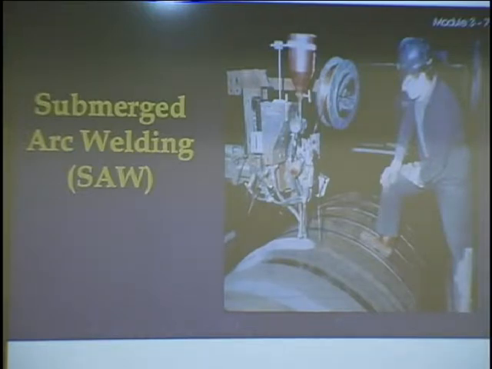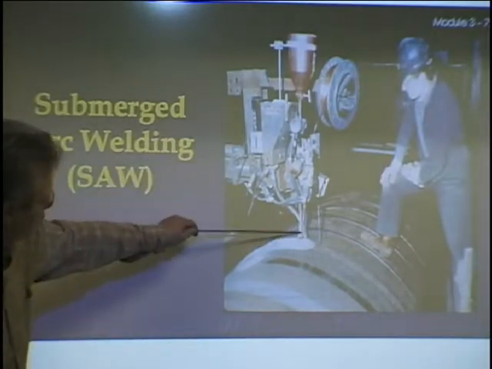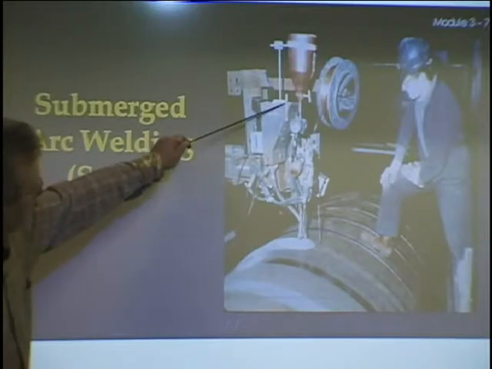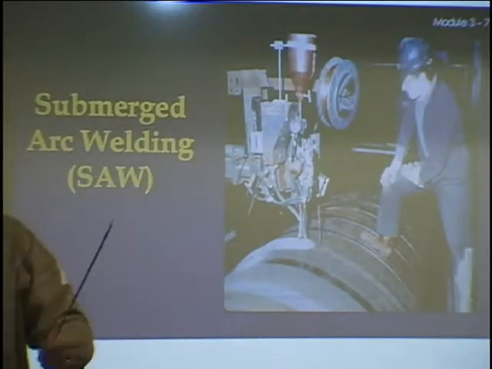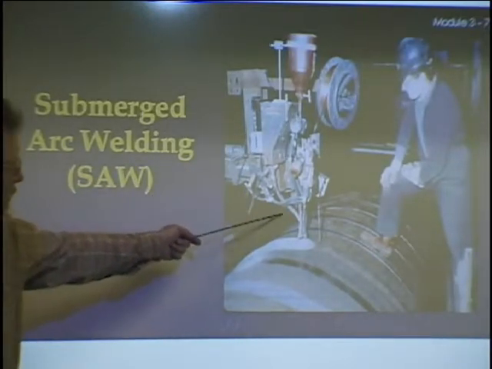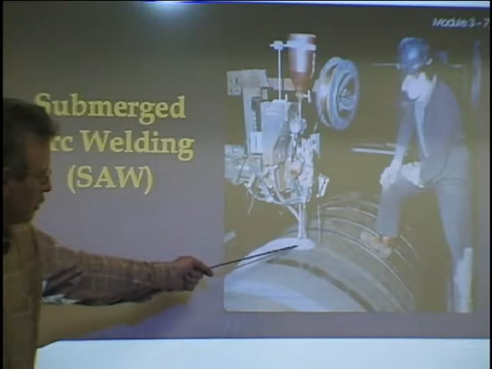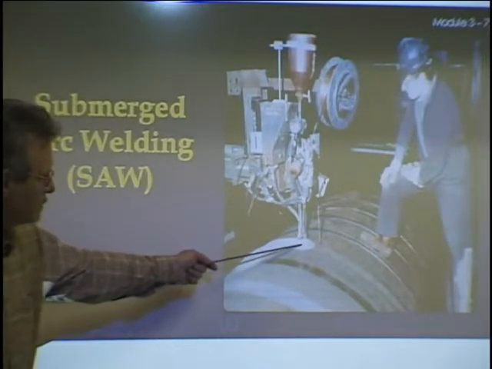Submerged arc welding. This guy is welding a pressure vessel, and it's called submerged arc because the wire is fed in through here, and this hopper is full of flux. Imagine if we took all the flux off of these welding rods, crumbled it up, and put it in that hopper. So the hopper, the flux, the coating is fed separately, and it completely buries the arc.